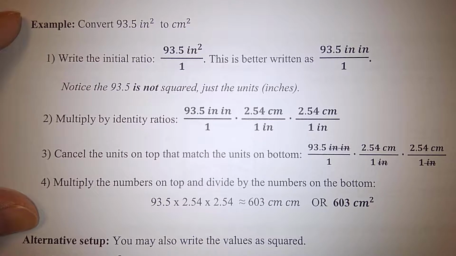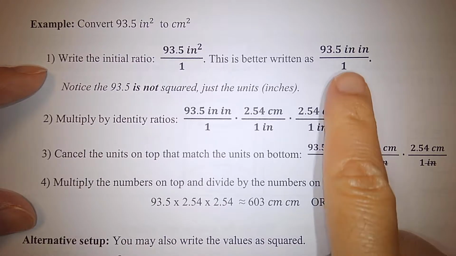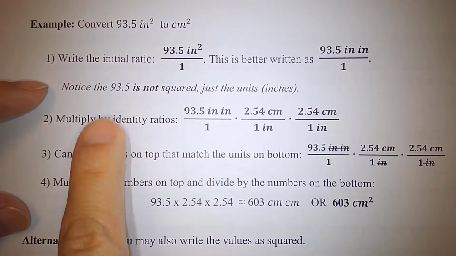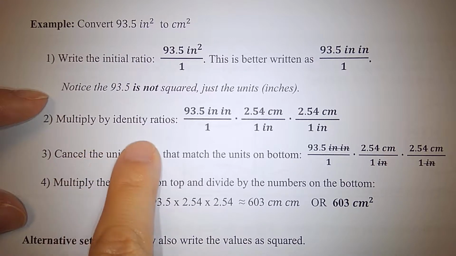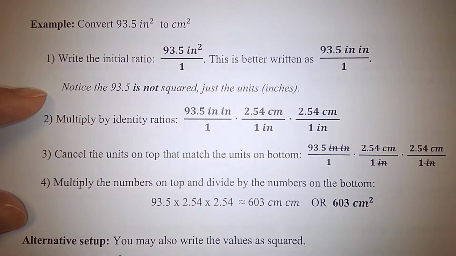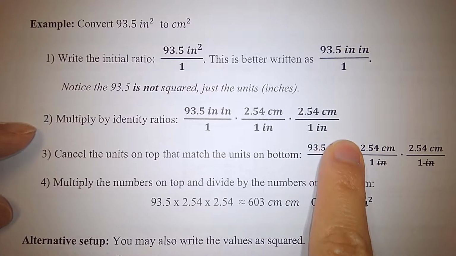Convert 93.5 inches squared to centimeters squared. Write the initial ratio, 93.5 inches squared divided by 1. This is better written as 93.5 inches squared divided by 1. Notice the 93.5 is not squared, just the units. Multiply by identity ratios: 2.54 centimeters divided by 1 inch, 2.54 centimeters divided by 1 inch.